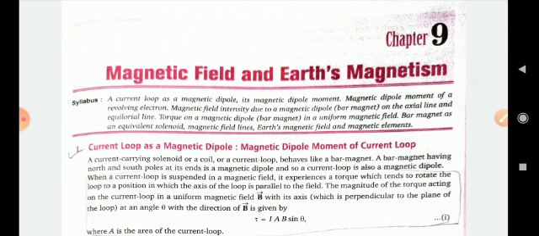Children, number one point, I will explain the current loop as a magnetic dipole, and the magnetic dipole moment of a current loop.